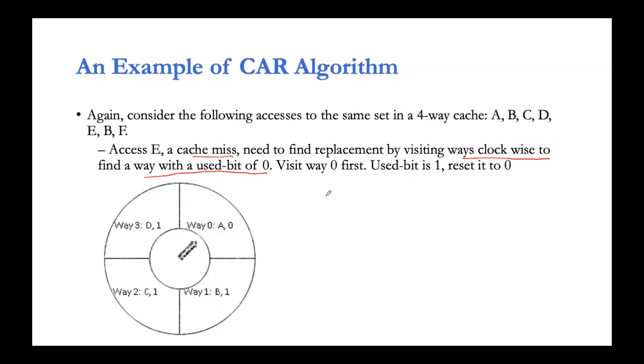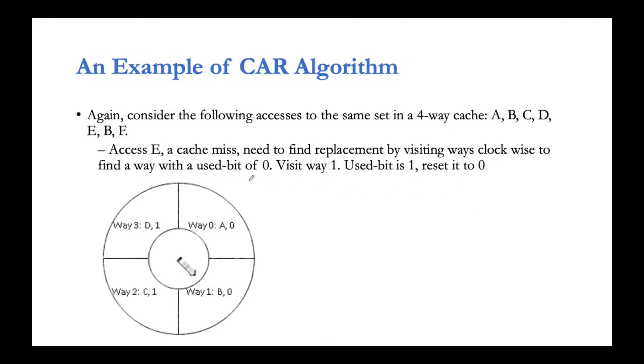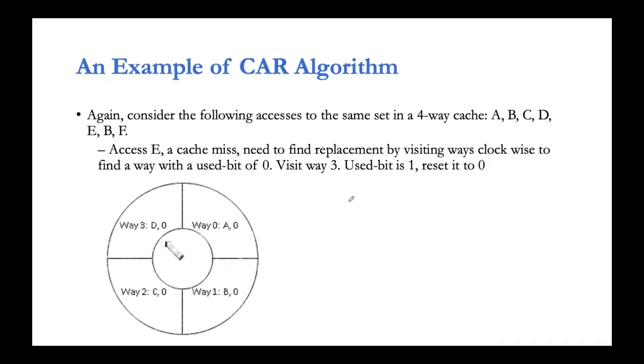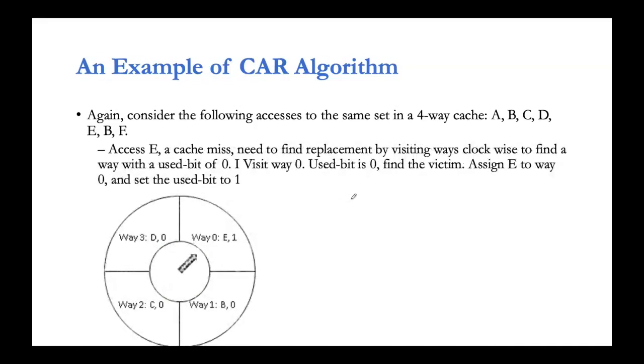So visit way 0 first. The used bit is 1, so reset it to 0. Then visit way 1, the used bit is 1, so it is reset to 0. Then way 2, it is reset to 0. In way 3, it is reset to 0.